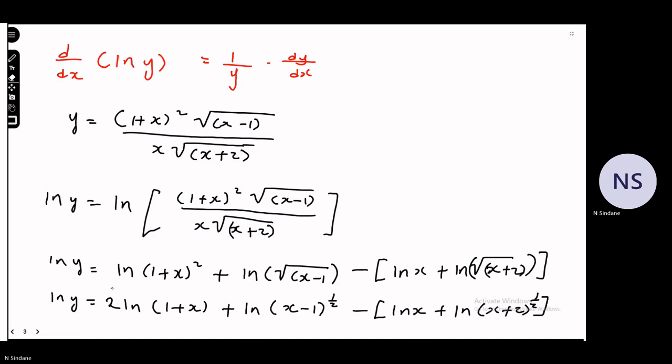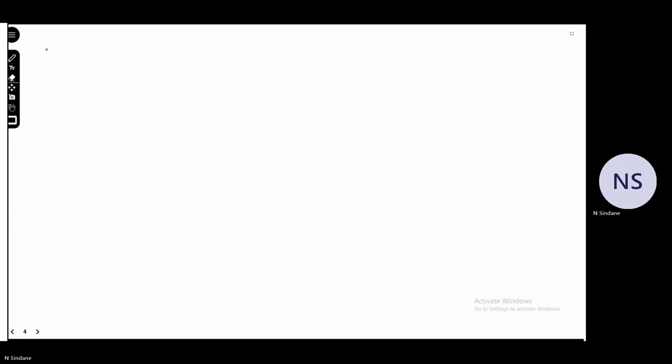Now I'm going to start differentiating. Differentiating ln of y, this will give me 1 over y multiply dy over dx. This is equals to, okay, differentiating 2 ln of 1 plus x, I'm going to get 2 into 1 over 1 plus x.